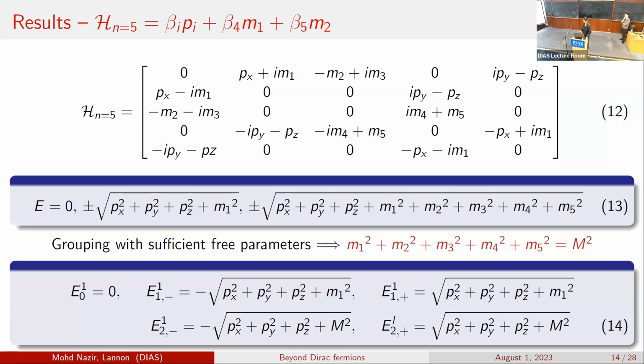Sorry, maybe I missed it. What is M2, M3? What is M3, M4, and M5? They're just free parameters, essentially, because the problem is that in the 5x5 case, we were unable to decouple, for example, M1 and M2 from each other. So we just added additional mass terms and then grouped them all together. Are M3 to M5 inside these beta matrices?